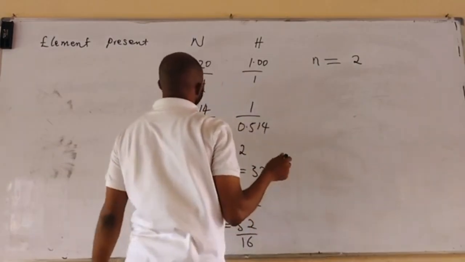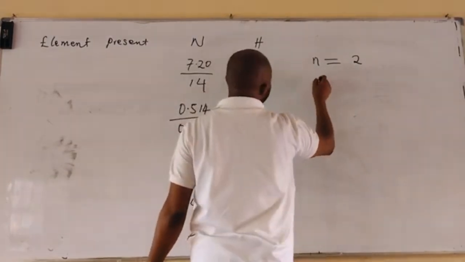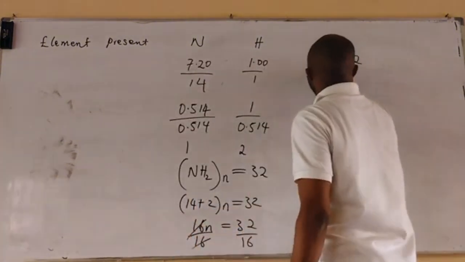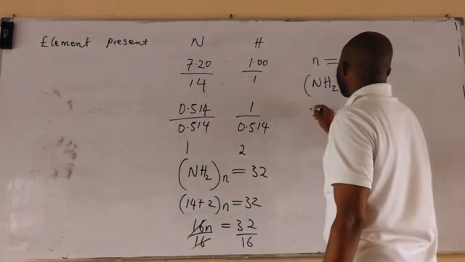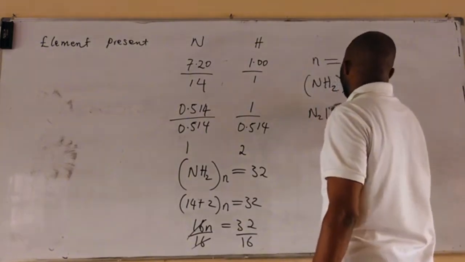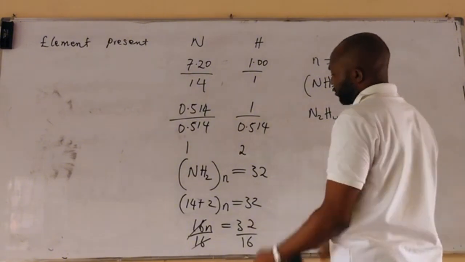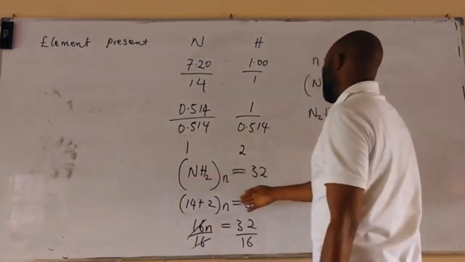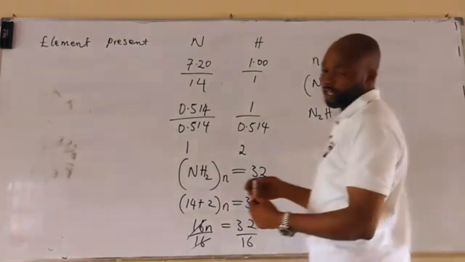Therefore, my molecular formula becomes (NH2) with 2 outside, so I multiply through by 2 and I have N2H4.